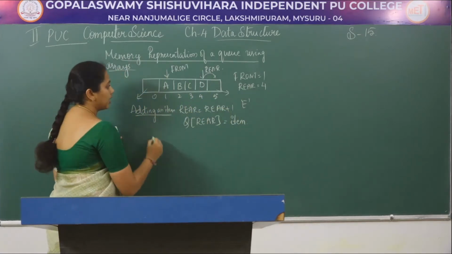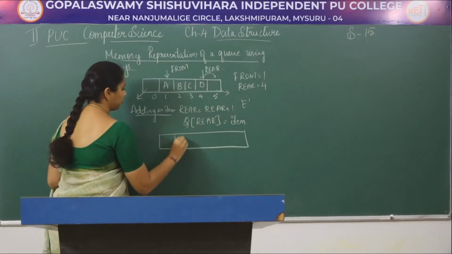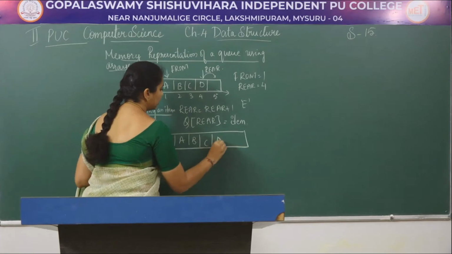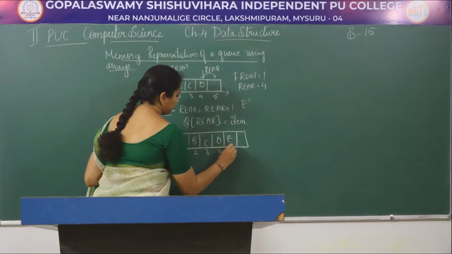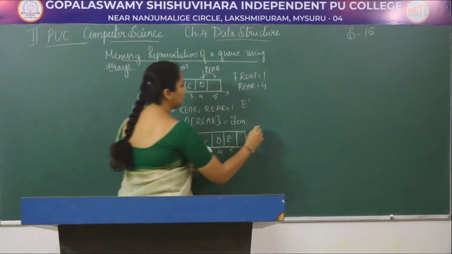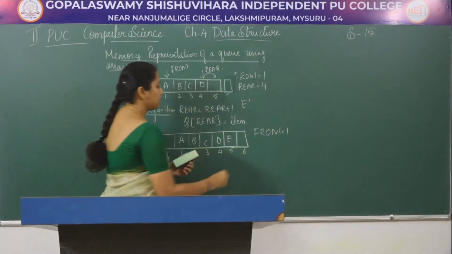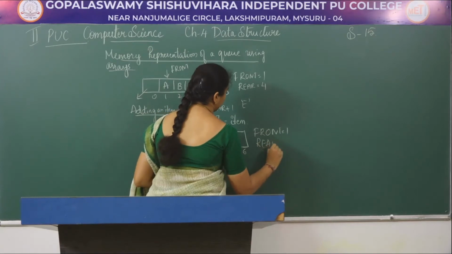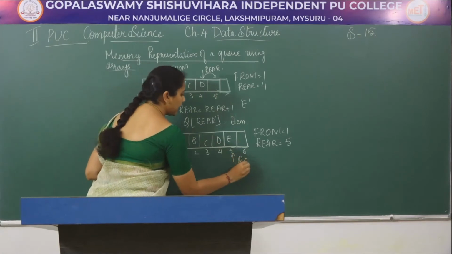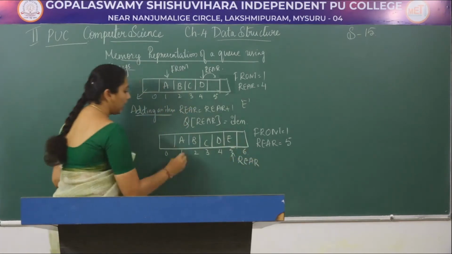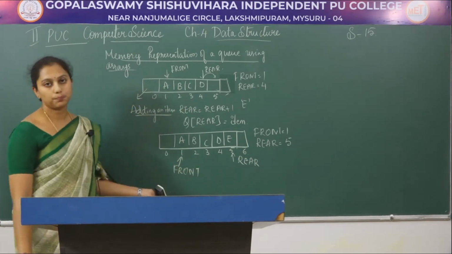We are inserting an item at the rear of the queue. Now the array becomes C, D and E. So now the front remains 1 and the rear becomes 5. This is the rear point and this is the front point of the queue.